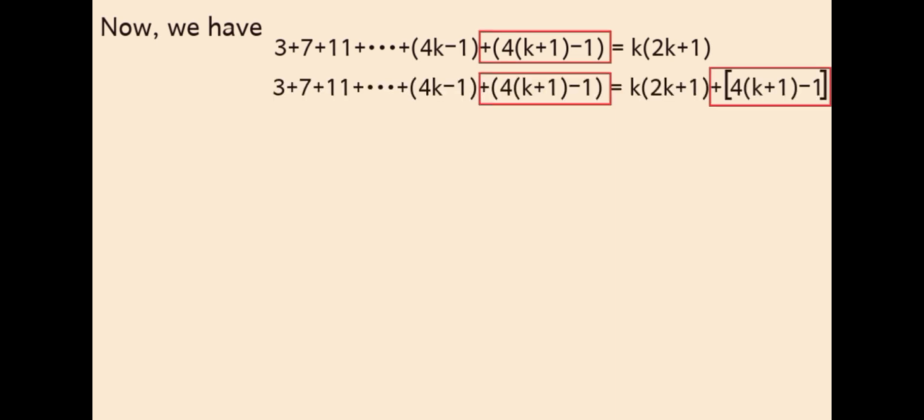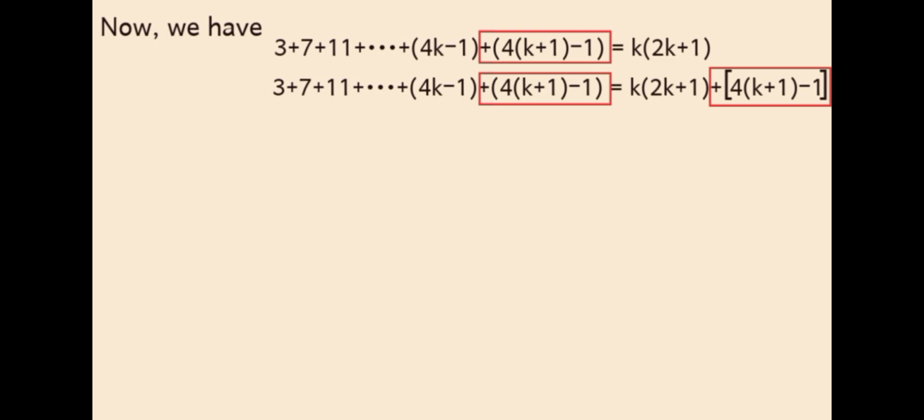Therefore, what we need to do is to add this quantity to the right hand. So now we have the statement 3 plus 7 plus 11 plus ellipsis plus the quantity of 4k minus 1 plus the quantity of 4 times the quantity k plus 1 minus 1 is equal to k times the quantity 2k plus 1 plus the quantity 4 times the quantity k plus 1 minus 1.